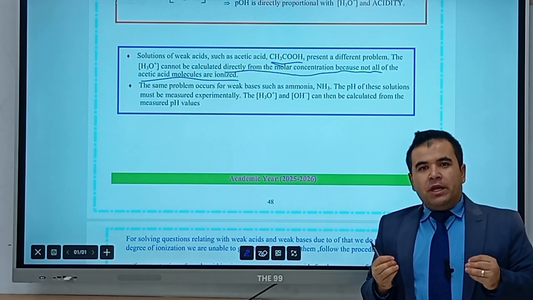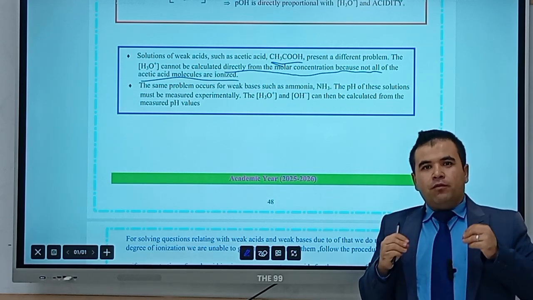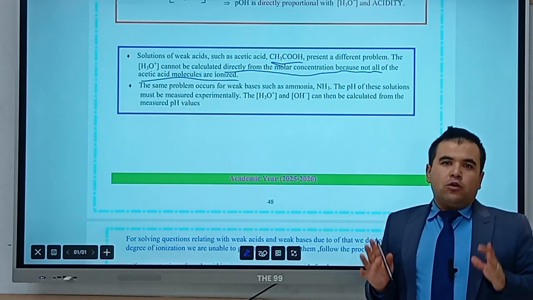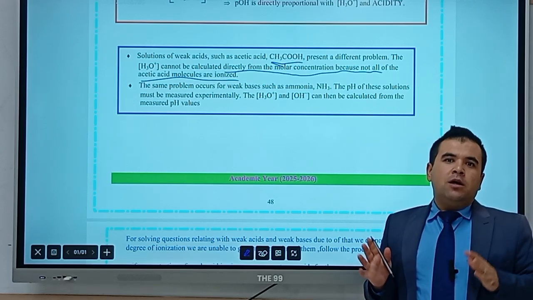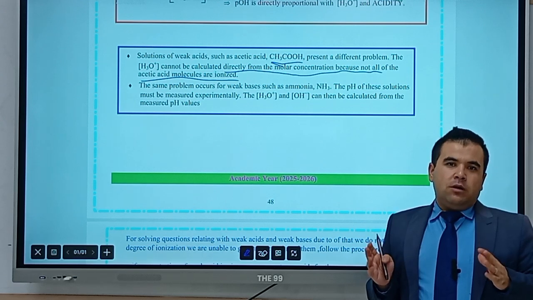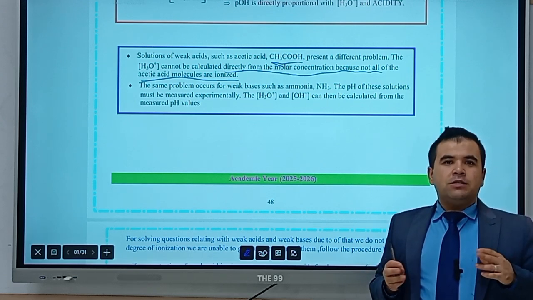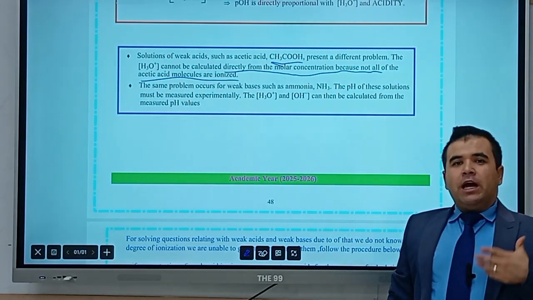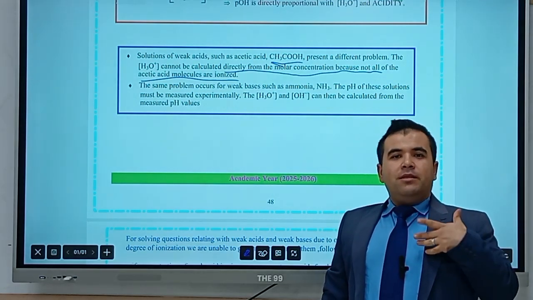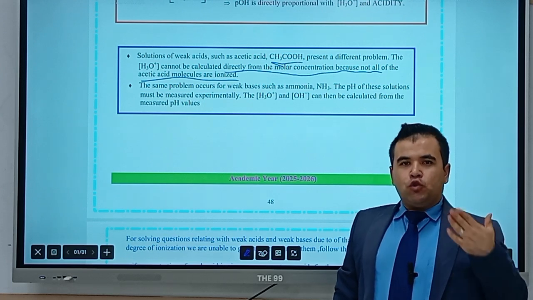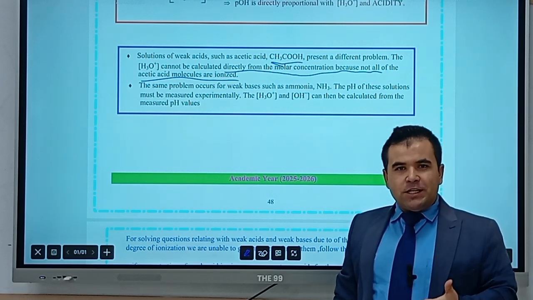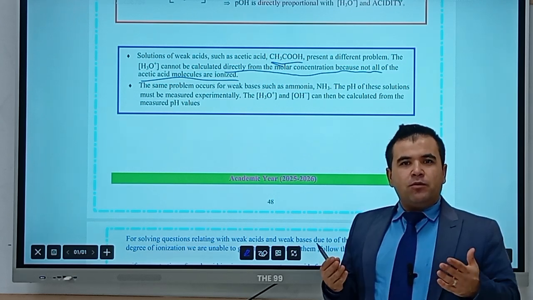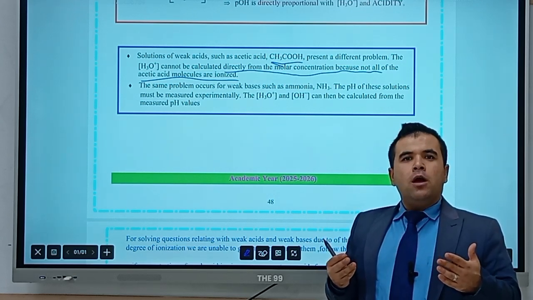Not knowing the exact degree of ionization, we are not able to calculate the hydronium and hydroxide of those compounds directly. We will be able to calculate them by knowing the Ka and Kb values, which we will be talking about in chapter 6. Ka represents the ionization constant of acid and Kb represents the ionization constant of bases.